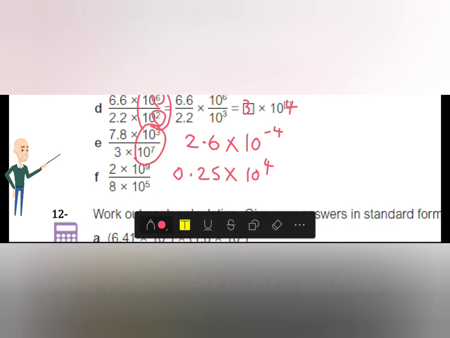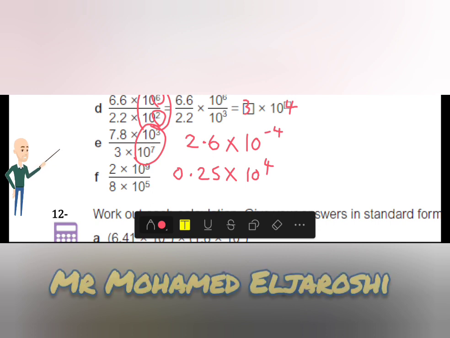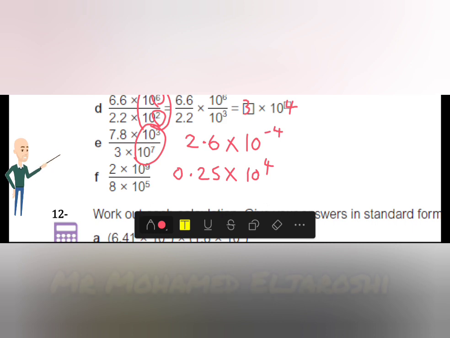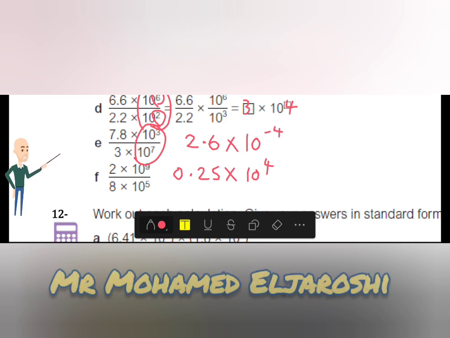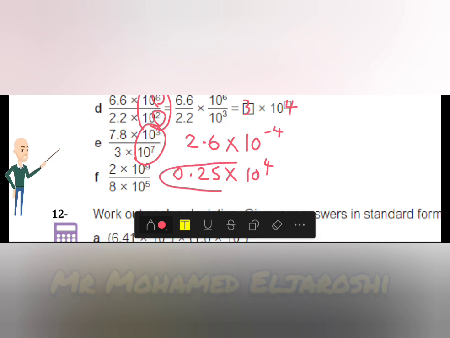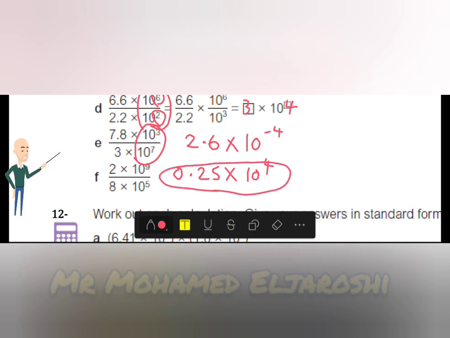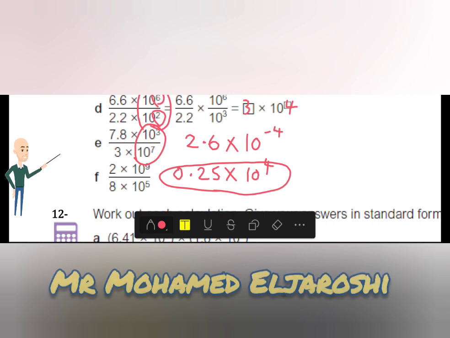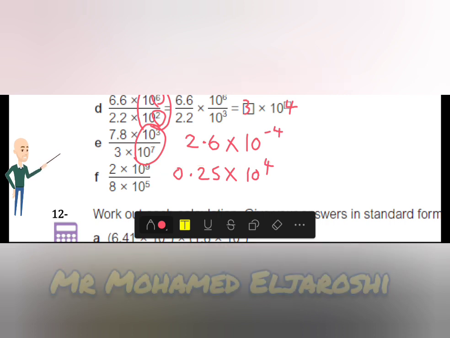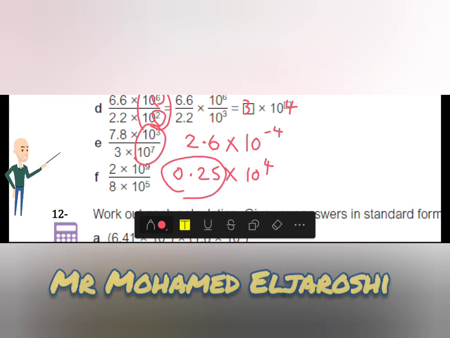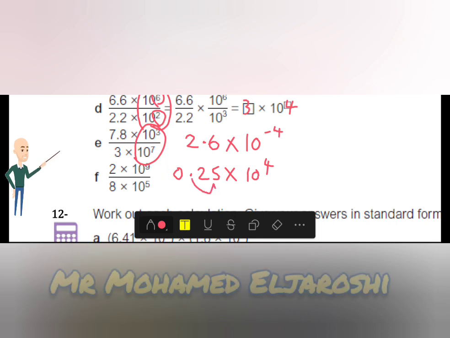Now, I'm going to use the power to find the standard form of this number. Now, is that in standard form? Very good. It's not. So I have to move the decimal point. To make this number between 1 and 10, I have to move it here, right?